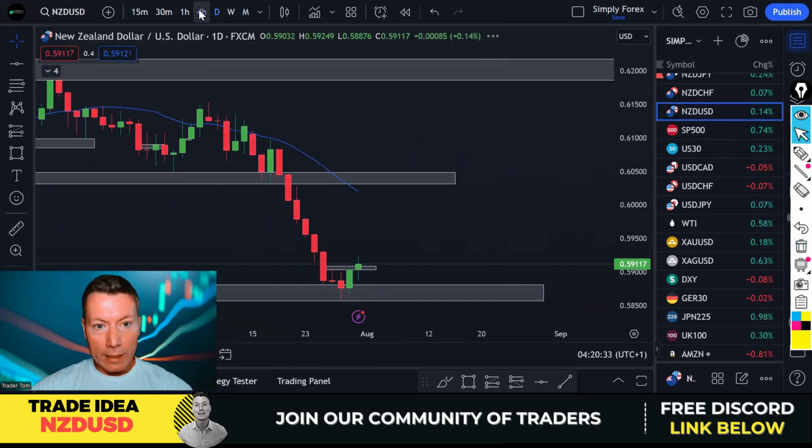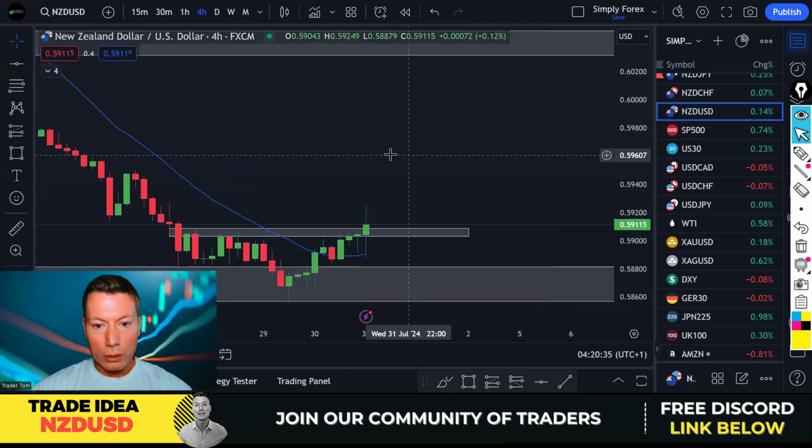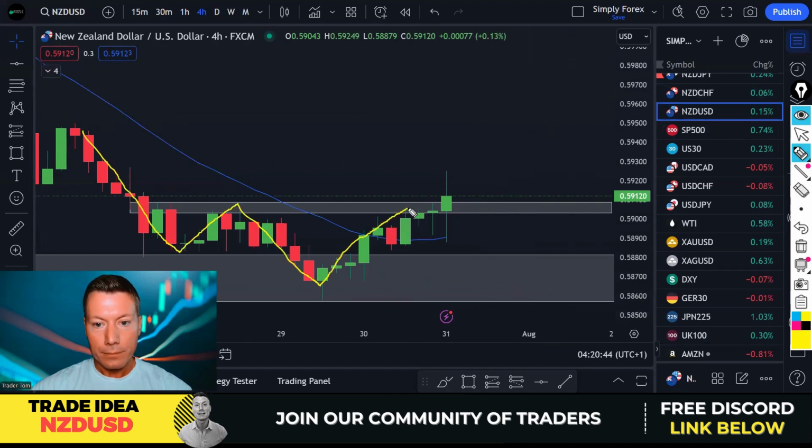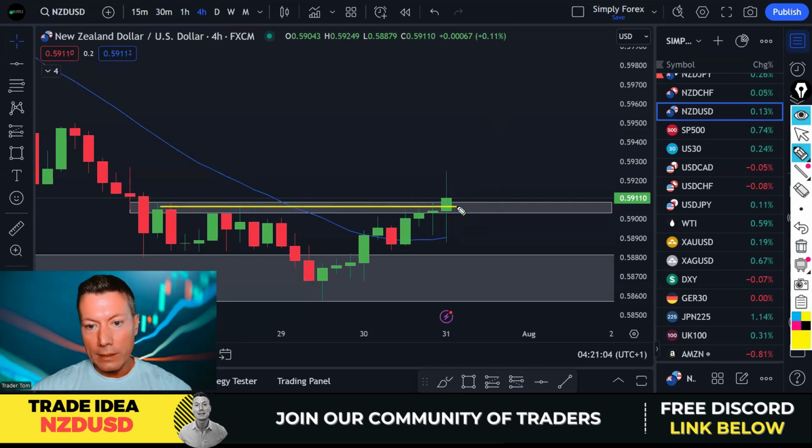Now, what I'm looking for here on the H4 is a H4 structure break, which we might get with this next H4 candle. Again, price has been coming down on the H4. You can see there's a bit of a level through here, okay? And then if we get a H4 candle that breaks through this level, let's say this candle finishes something like this, yeah, then we're looking to buy New Zealand dollar, US dollar. Yeah, we just need a break of that structure.